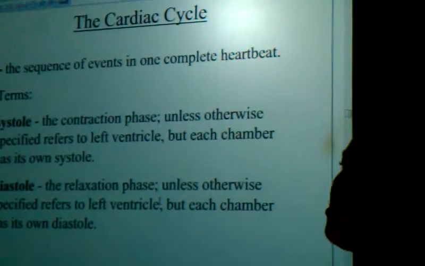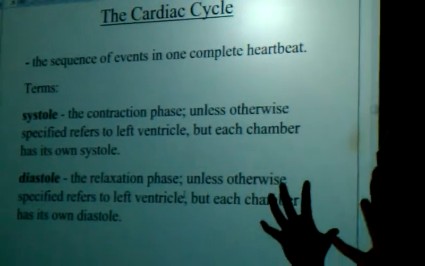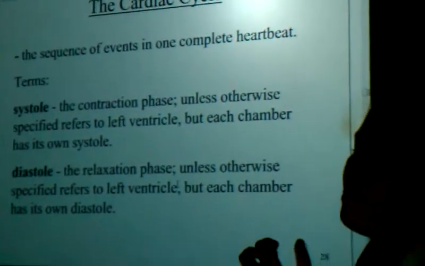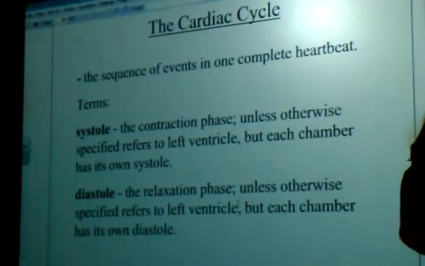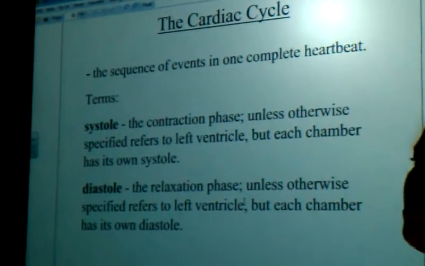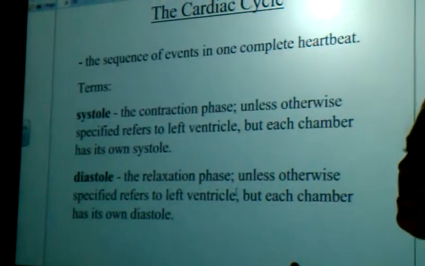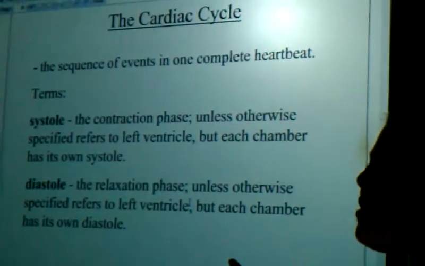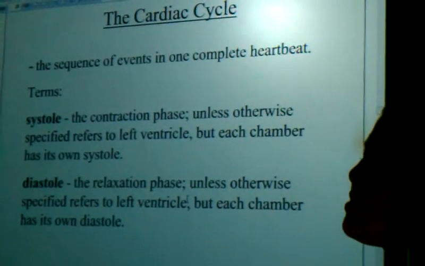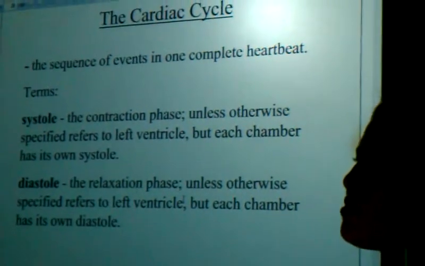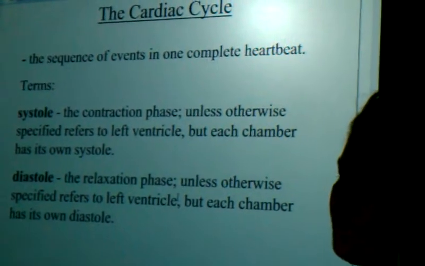When all of the muscle fibers are contracted, that is called systole. We can specifically say ventricular systole or atrial systole, but systole refers to the state of contraction of the cardiac muscle tissue.